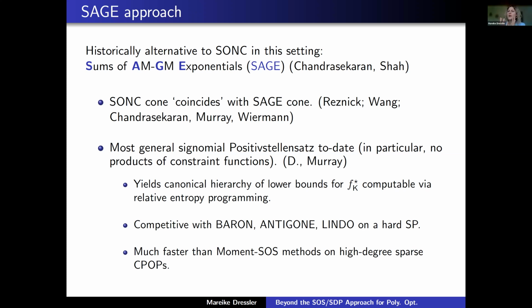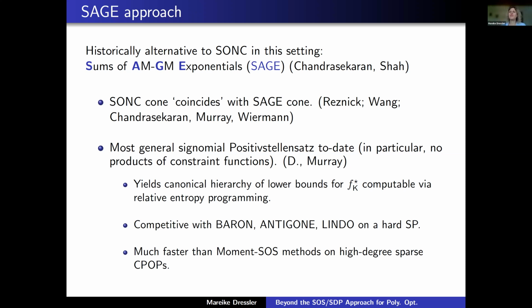So these cones, in the right language, coincide, so they have the same extreme rays. We can use results from either of these approaches and translate them into the other approach.